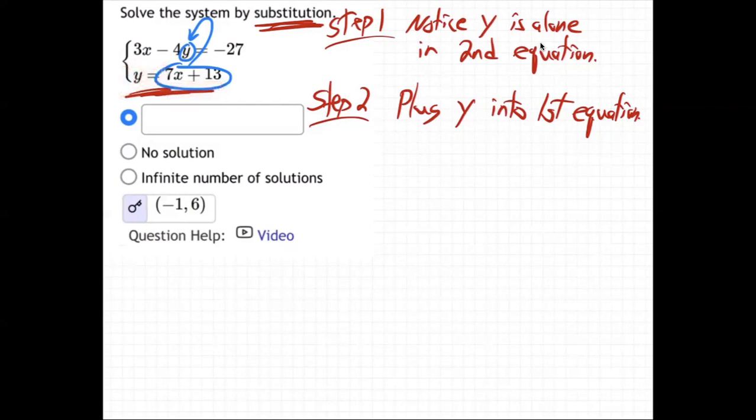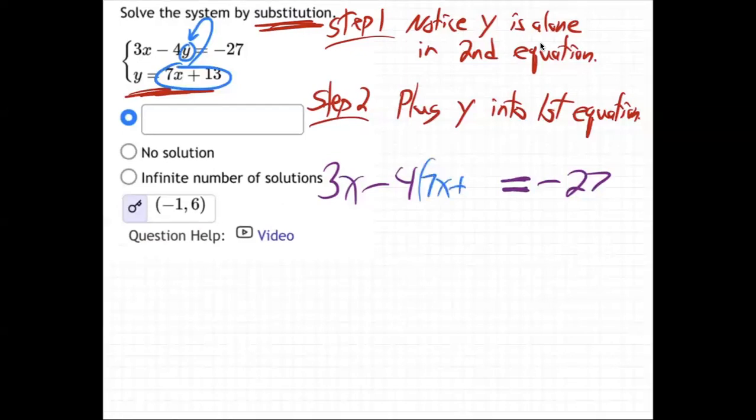So when I take that top equation, which is 3x minus 4 times y equals minus 27, I can plug in 7x plus 13 right there for y. That making sense? So just plug that in.